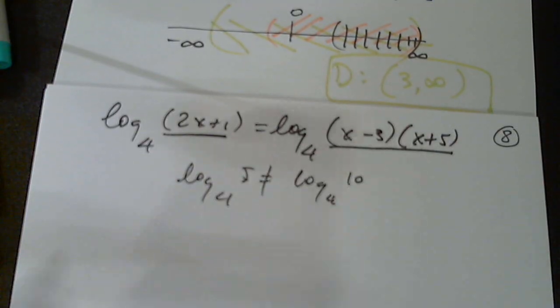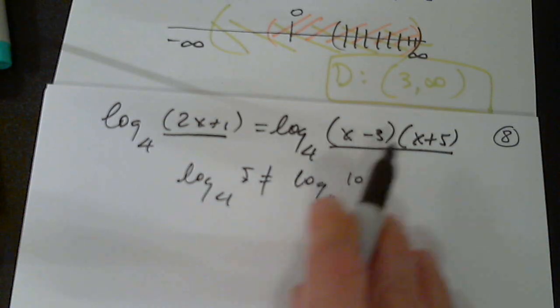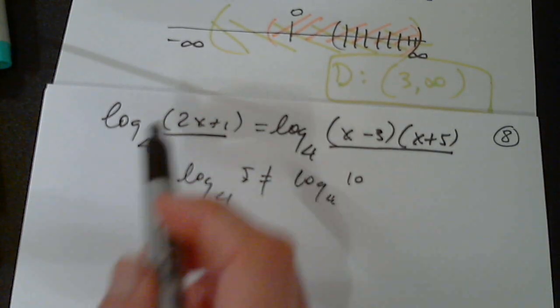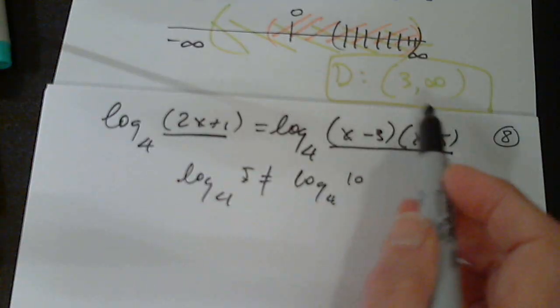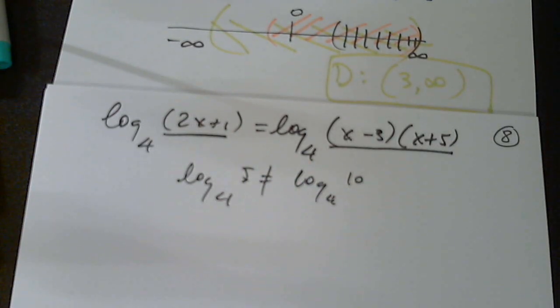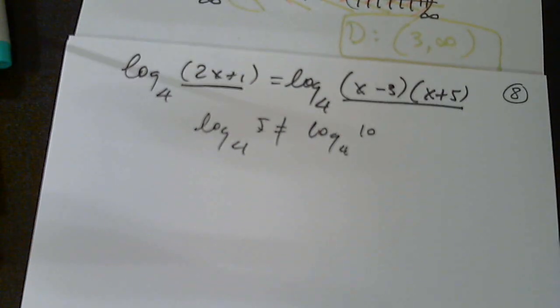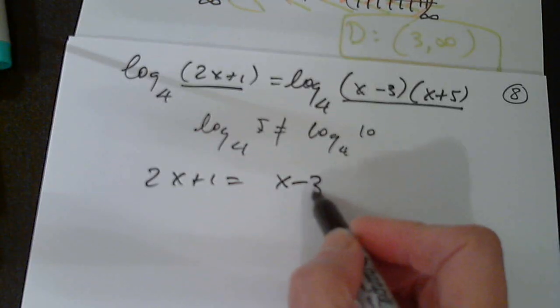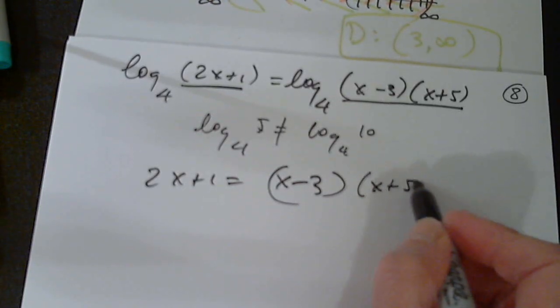Otherwise, the equal symbol will not work. Because if this is 5 and this product is 10, they're not equal. If this is 5, this has to be 5. If this is 10, this has to be 10. Good, very good, thank you. So then 2x plus 1 has to equal x minus 3 times x plus 5.